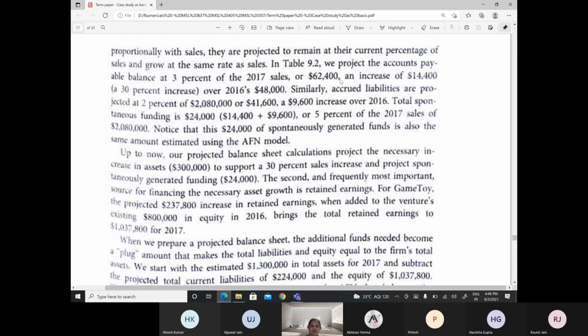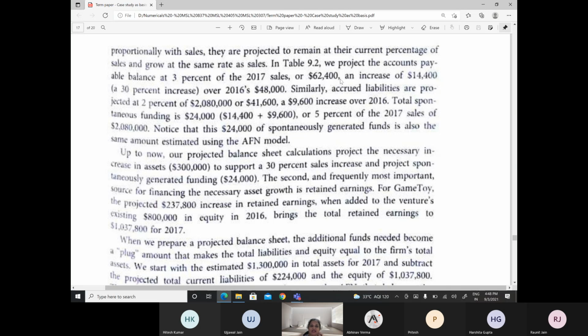Proportionally with sales, they are projected at current percentage of sales and grow at the same rates as sales. So in table 9.2, we project the accounts payable balance at 3% of 2017 sales, or 62,400, an increase of 14,400, which is a 30% increase over 2016's 48,000.